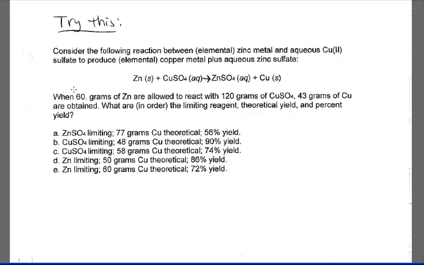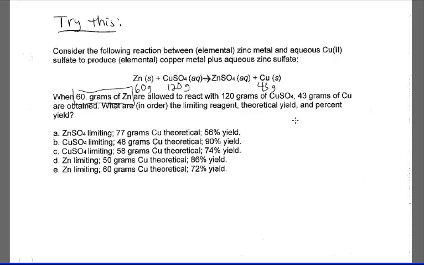When 60 grams of zinc are allowed to react with 120 grams of copper sulfate, 43 grams of copper are obtained. So let's put these numbers under here. We have 60 grams of this, 120 grams of this, and it produces 43 grams of copper. And the question is, what are the limiting reagent, the theoretical yield, and the percent yield?